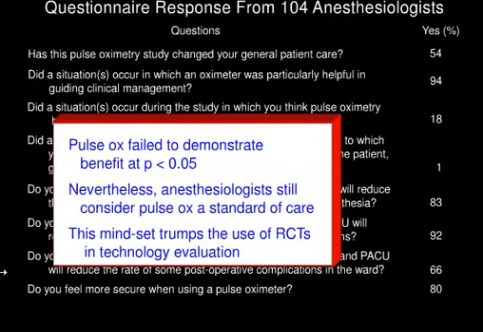So the fact that the study was unable to demonstrate a beneficial effect with pulse ox at the P less than .05 level, anesthesiologists still consider pulse ox a standard of care. To me, this mindset trumps the use of RCTs in looking at outcome when you're evaluating technology.